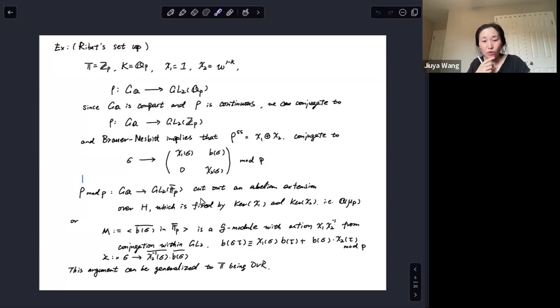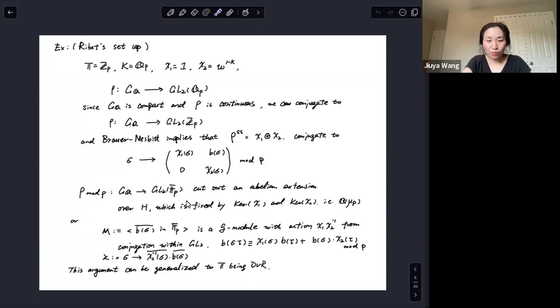It is a map from G_Q to a finite group, and it cuts out a relative abelian extension over a number field, which is fixed by the kernel of chi1 and chi2, which is just Q(mu_p) in Ribet's original case. So at least we construct some relative abelian extensions from this scalar representation.